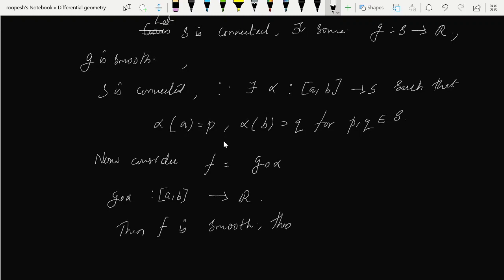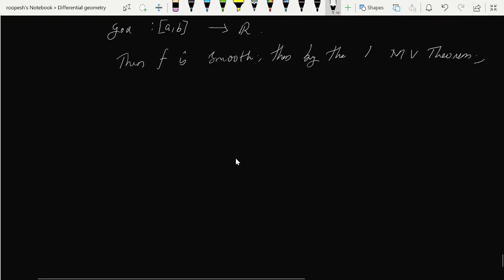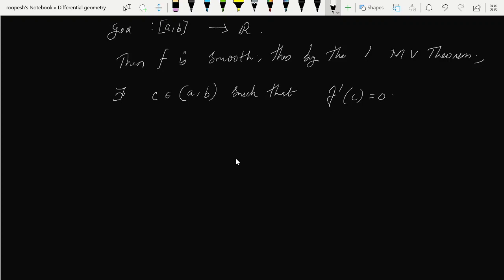Then by the mean value theorem, there exists some c belongs to open interval (a, b) such that f dash of c equal to 0.